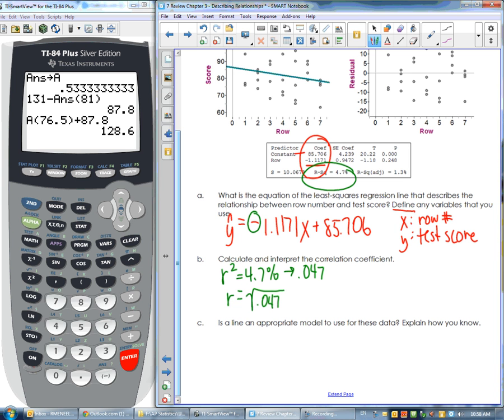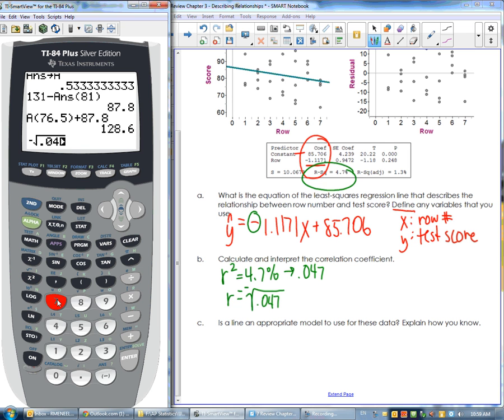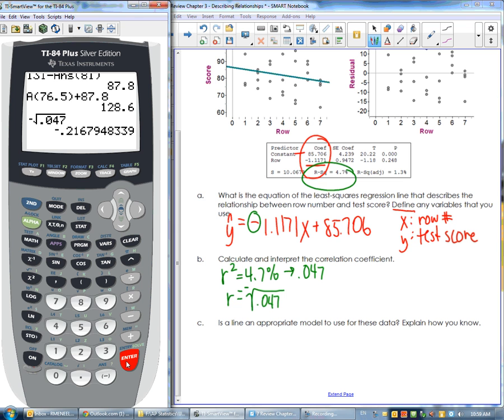And since the slope is negative, I know that my correlation coefficient must be negative. There's nothing in the problem other than that to remind me to make sure that my correlation coefficient is negative. So that's something that you're going to have to remember to do. So if I take the negative square root of 0.047, I get a negative 0.217. And it says to interpret the correlation coefficient.